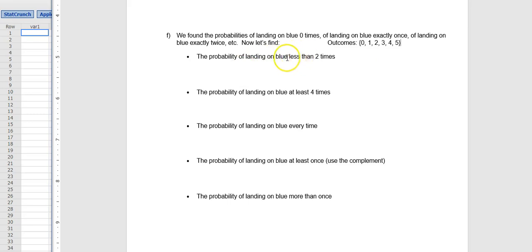We need to figure out for this one exactly which of those outcomes would be included if we're saying less than 2. Less than means it doesn't actually include that number. So less than 2 out of these outcomes would just be 0 and 1. That means we're trying to find the probability of landing on blue 0 times or 1 time.